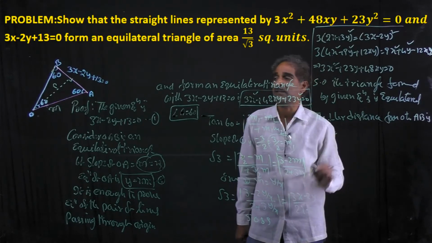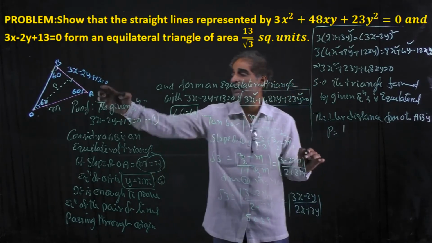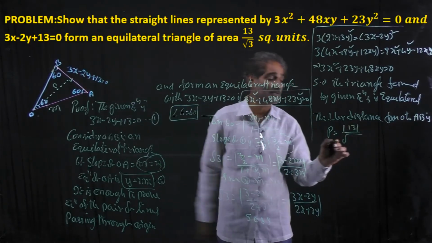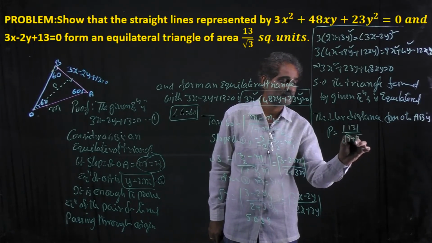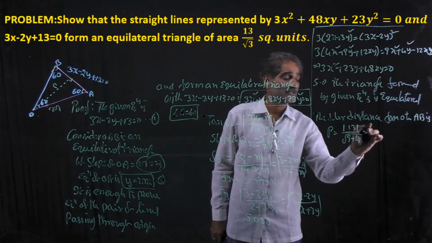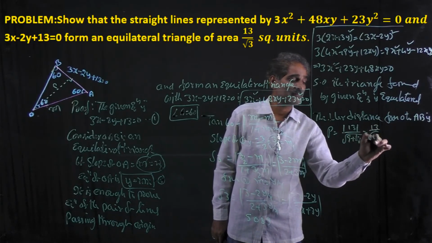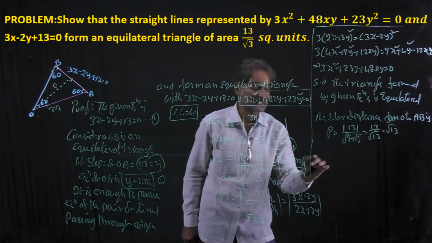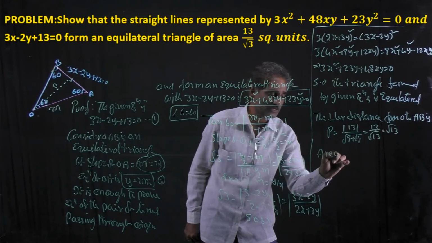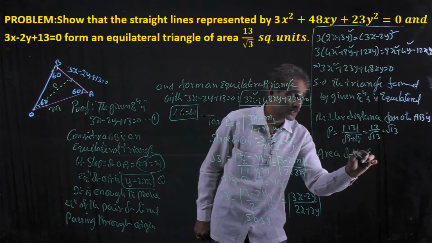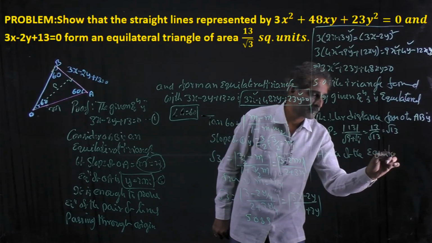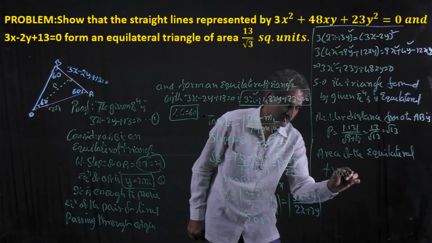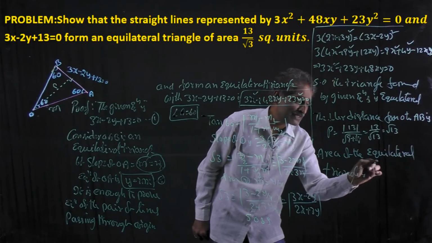Let us take P equal to mod C by root of A square plus B square, 9 plus 4, 13. That is equal to 13 by root 13, that is equal to root 13. Now the area of the equilateral triangle is P square by root 3.